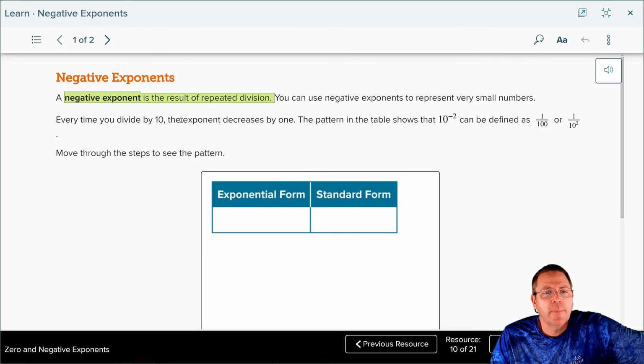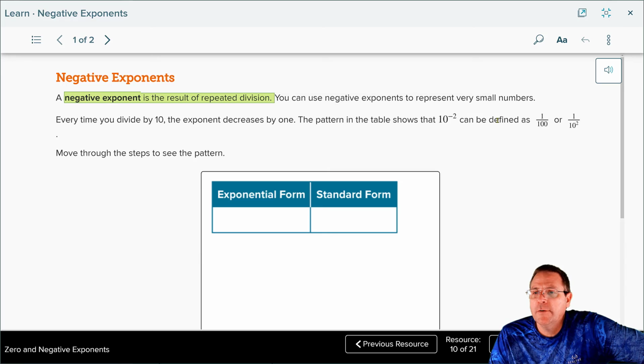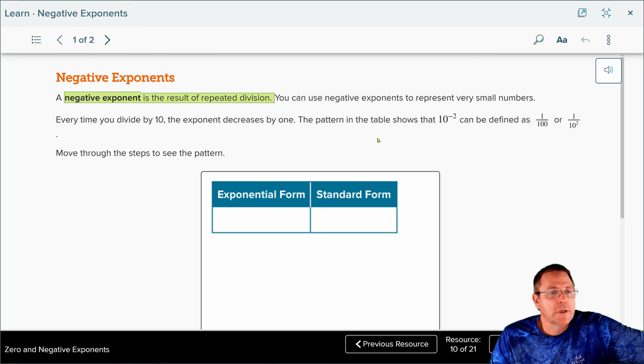Every time you divide by 10, the exponent decreases by 1, and the pattern table shows 10 to the negative 2 can be defined as 1 over 100, because that would be 1 divided by 10 times 10, or 1 over 10 squared.